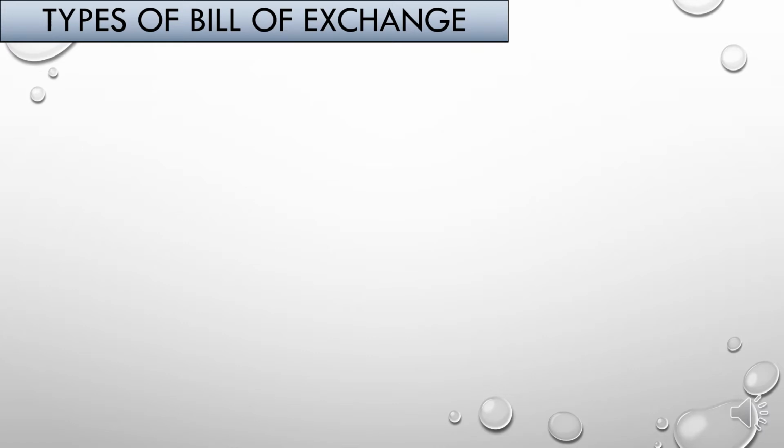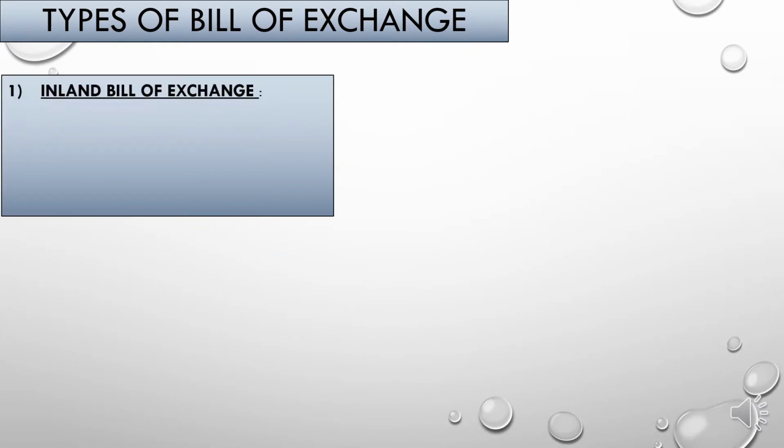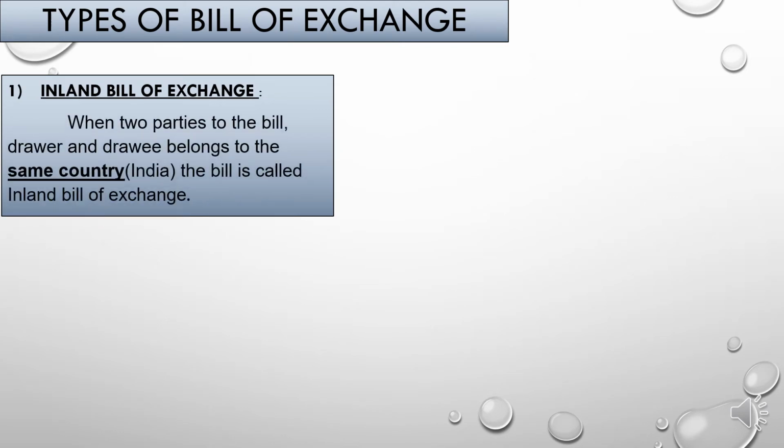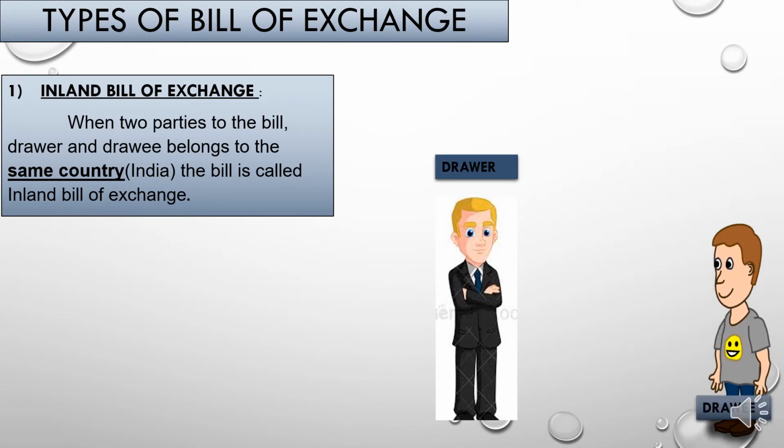Types of bill of exchange. First point, inland bill of exchange. In an inland bill of exchange, the two parties to the bill, that is drawer and drawee, are from the same country.